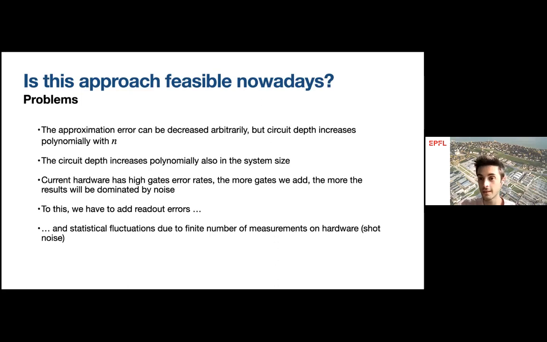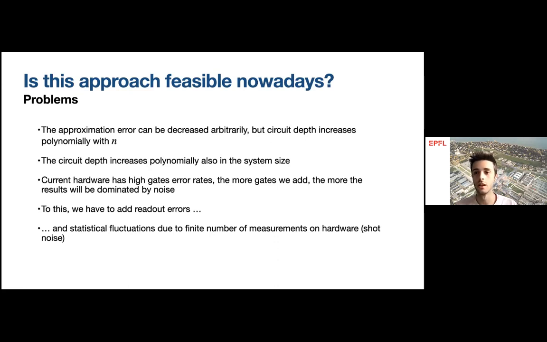And to this, we also have to add a readout error, that is an error associated to the fact that we are measuring the qubit, and also a statistical fluctuation, so a statistical error based on the fact that we are measuring the qubits a finite number of times.